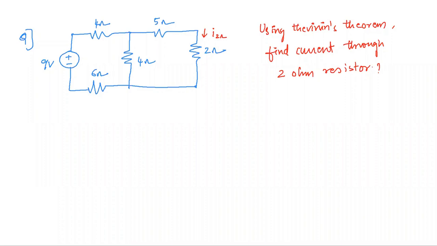You have to remove it and transform the rest of the circuit into a Thevenin equivalent. Polarity is your wish. You can take it any way. Take 5 minutes and tell me.